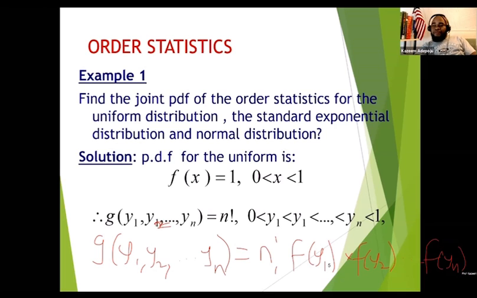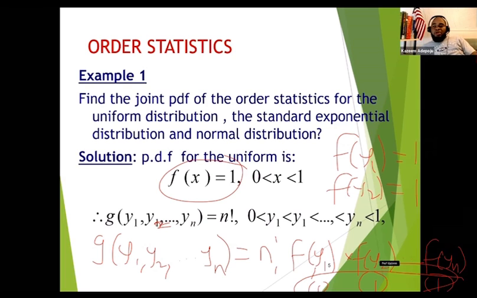And of course, if f of x equals 1, then automatically f of y1 will be equal to 1, f of y2 will be equal to 1, and so on. All of them are going to be 1. When you multiply 1 by 1 by n factorial, you're going to have n factorial. So that is why I got n factorial right here. Like I said, this here is supposed to be y2.